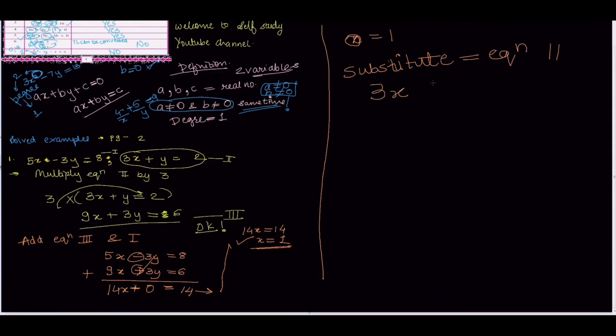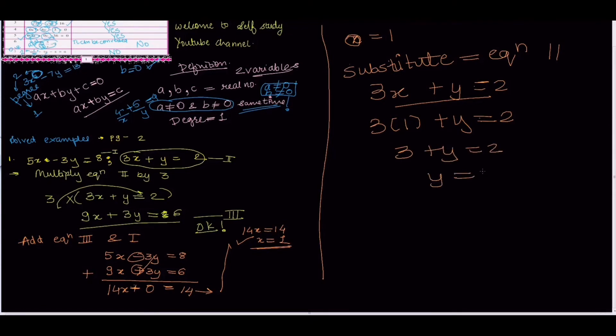What is equation number 2? 3x plus y equals 2. So 3 into x, x is 1, we write the value of x, plus y equals 2. Then we get 3 plus y equals 2. Then we get y equals 2 minus 3, and 2 minus 3 is minus 1.